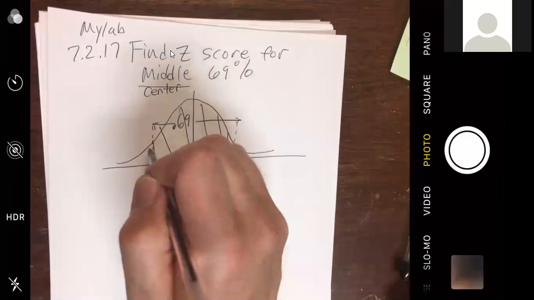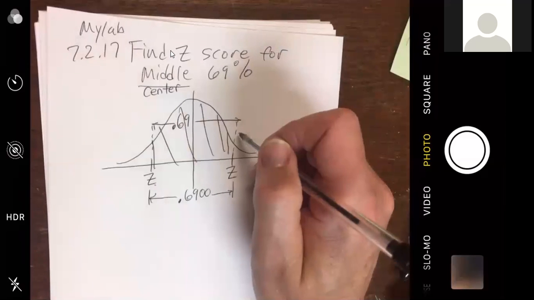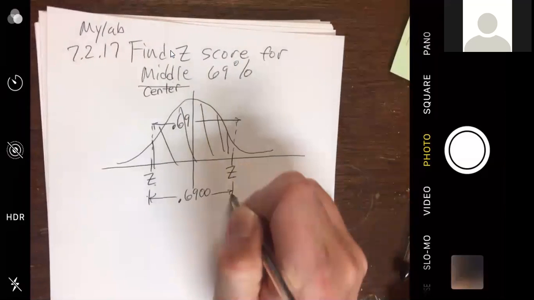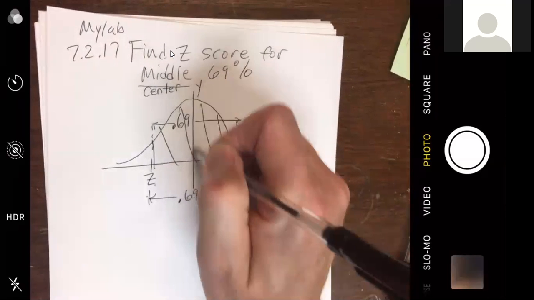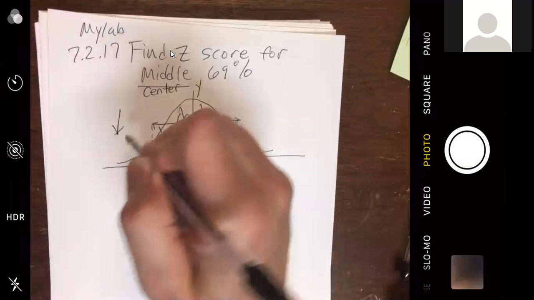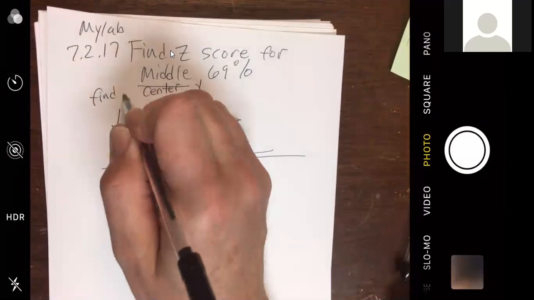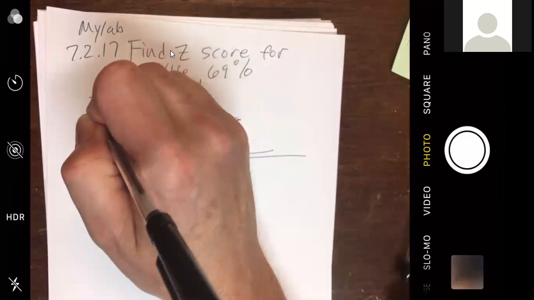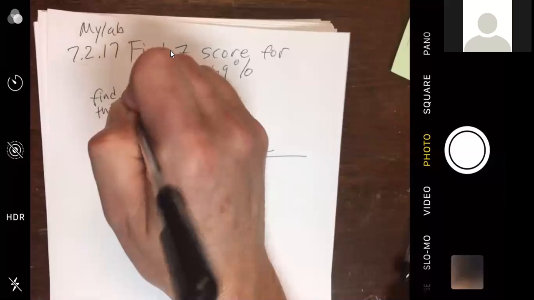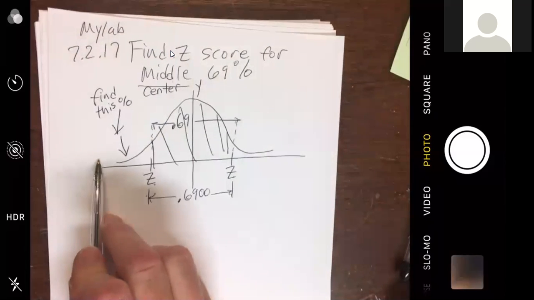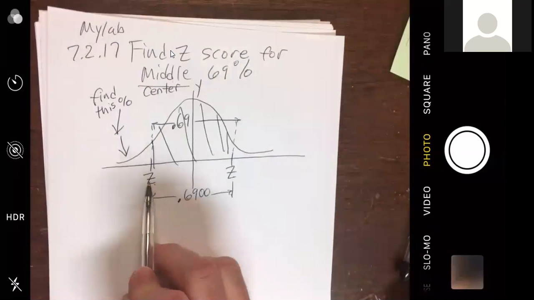If it said left, I'd go all the way to the left. If it says right, like the last 2 problems did, you go all the way to the right. But in the middle, you start it and stop it centered around your y-axis. You've got to find the z-scores, but to do that, you've got to find this percent here, because that's left of this, and that'll give you the correct z out of the table.